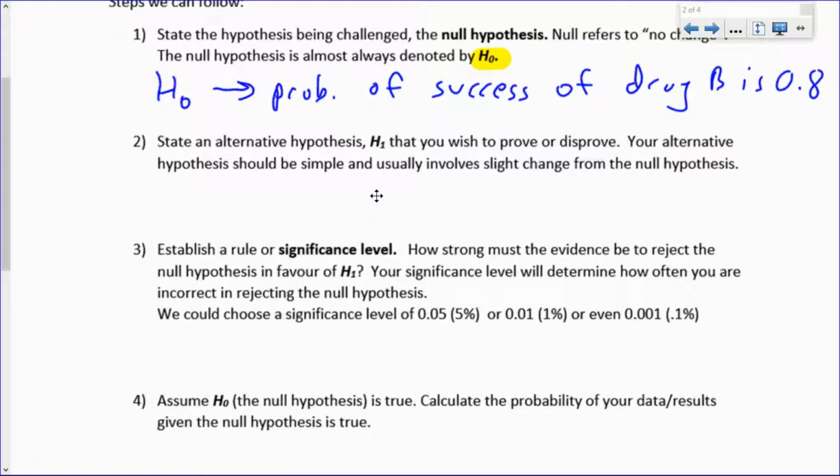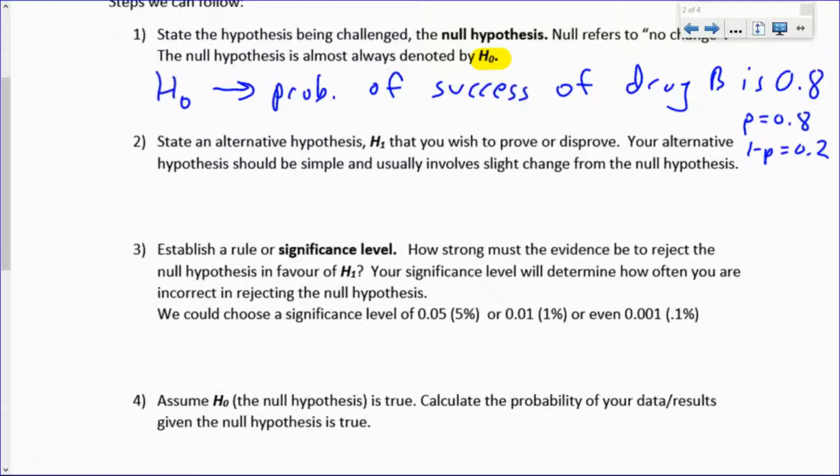And notice that that is like our p-value, 0.8, our probability of success, and then 1 minus p is 0.2. So using a drug, either it's successful or it's not successful. That's an example of a Bernoulli trial, an example of a binomial distribution where we're concerned with how many successes there are. Okay, so that's our null hypothesis.